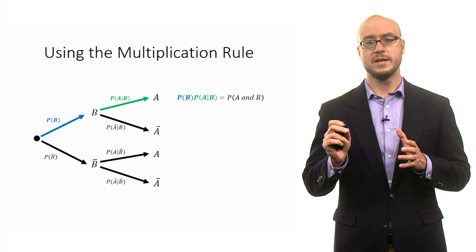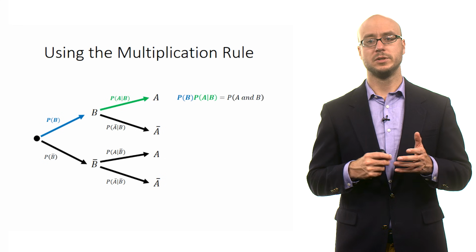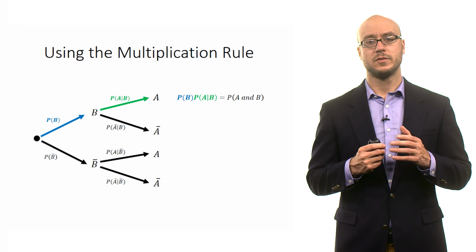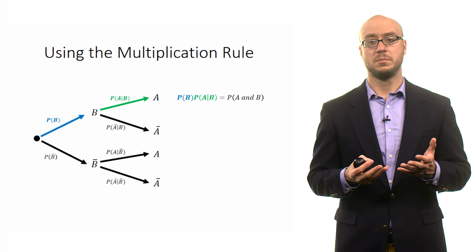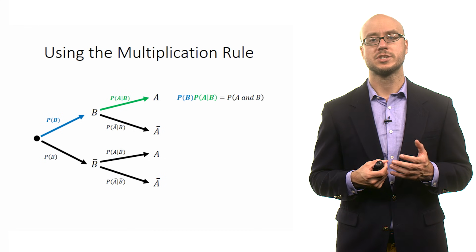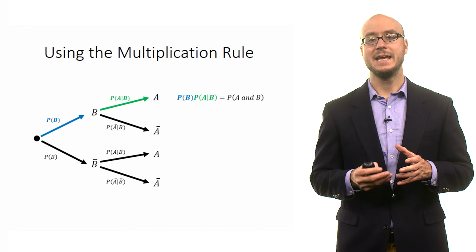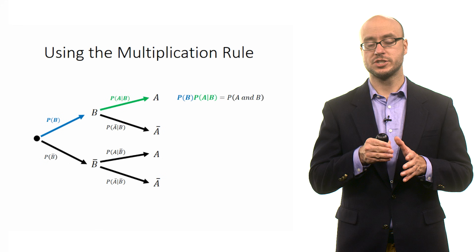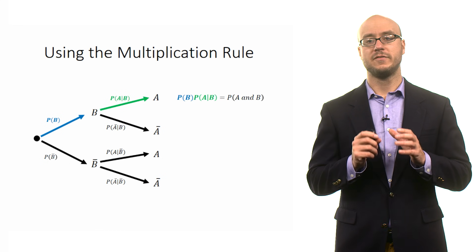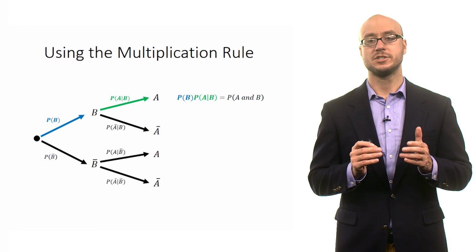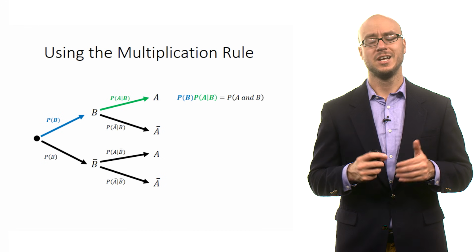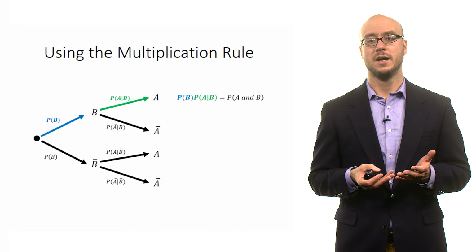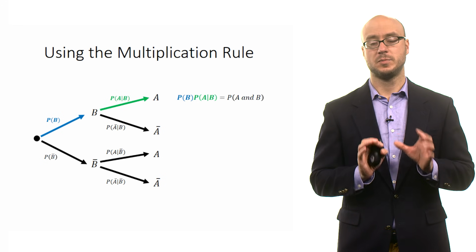So this branch right here, labeled in blue and green, the blue branch tells us the overall probability of B. That green branch tells us the probability of A given B, because B just occurred. And then if you multiply those two probabilities together, you get this joint probability of A and B. That's the multiplication rule.